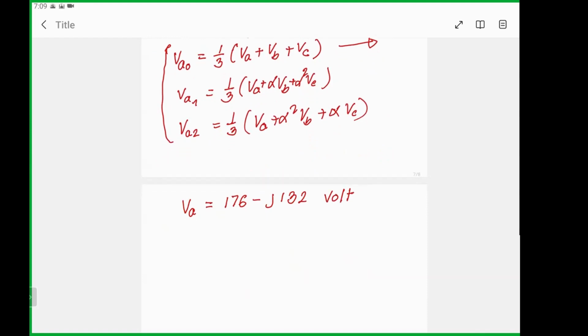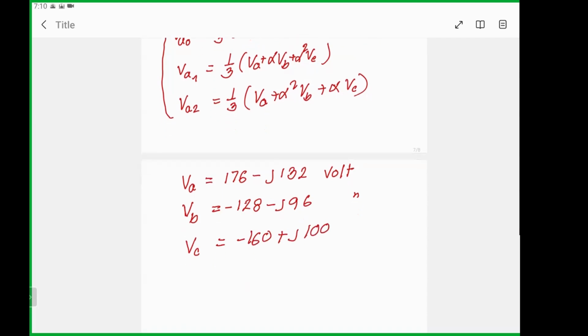You should be able to identify the representation. Rectangular. Rectangular, very good. So at least we identified something. VB is given by minus 128 minus j96 volt, and VC is equal to minus 160 plus j100.